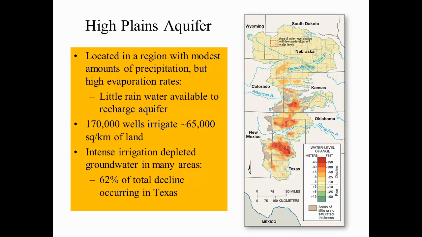If you look at the color coding in the map towards the right, the areas of greatest water level change are indicated by the reds and the oranges, where the water level within the aquifer has dropped in excess of 100 feet in many areas of particularly West Texas, western Oklahoma, and parts of southwestern Kansas. So this is a serious concern, because once that aquifer becomes too depleted, crops can no longer be irrigated using this source of water.